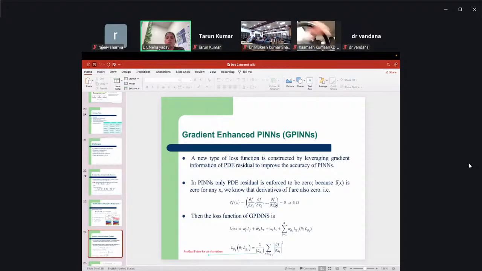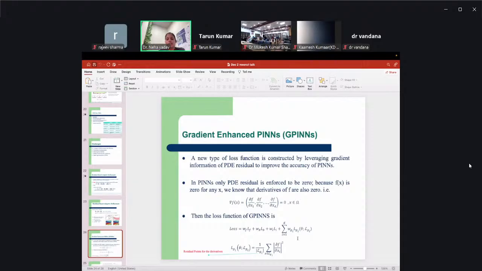So what's been done in GPINN is the derivative of this f(x) is also computed, and that will be equal to zero. Now when the loss function is constructed, it is not only the sum of the PDE residuals, initial or boundary condition. It has one more term, which is the summation of i equals 1 to d of L_Gi, and L_Gi is the loss corresponding to the PDE residual gradient.